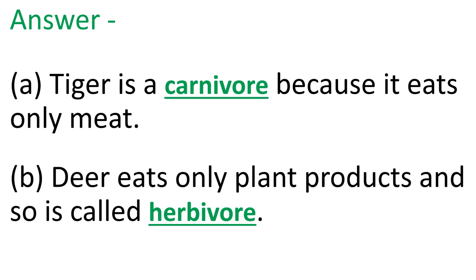A. Tiger is a carnivore because it eats only meat. B. Deer eats only plant products and so is called herbivore.